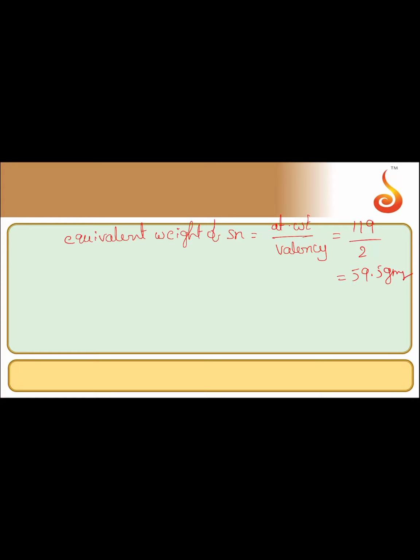Then the equivalent volume of chlorine, Cl2. Equivalent volume is equal to molar volume by valency.